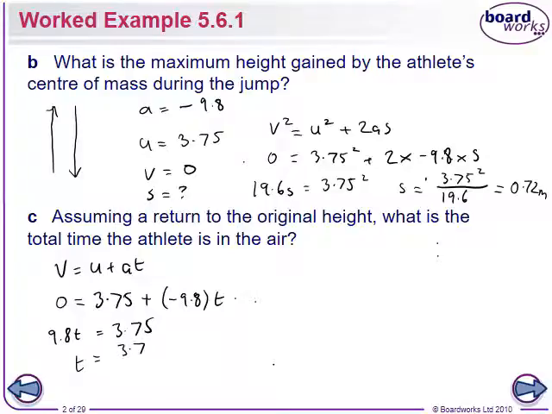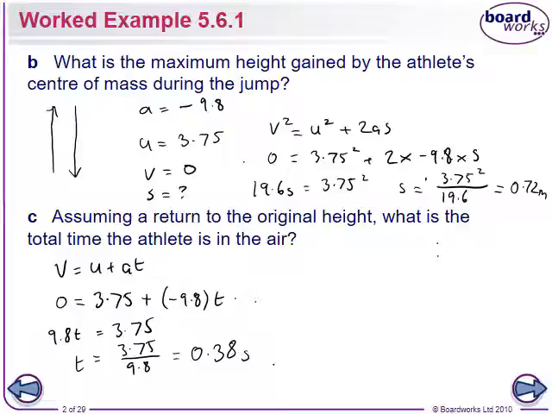So t is 3.75 divided by 9.8. 0.38. Okay, so we have the time that our athlete is in the air for, 0.38 seconds. Now, this is the time it takes to get from 0 to the maximum height.